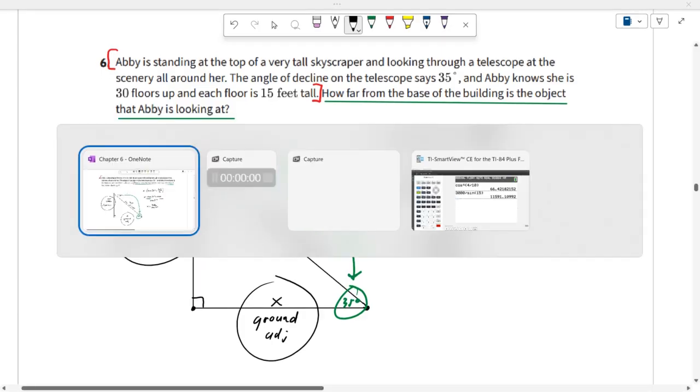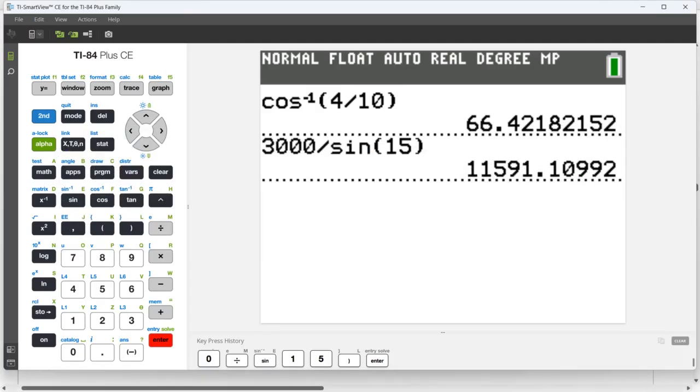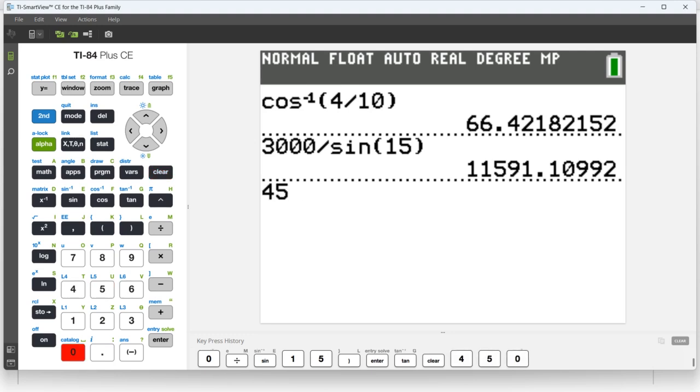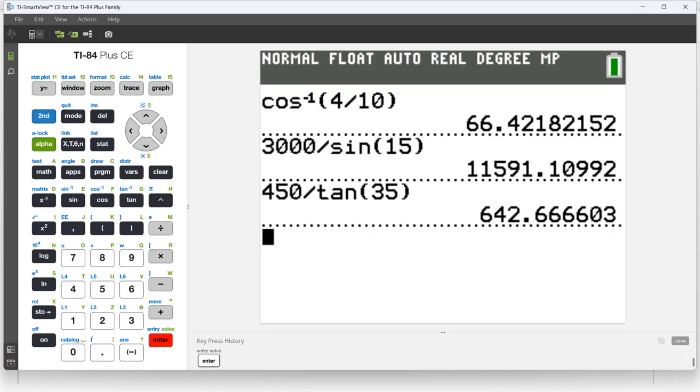So we'll go ahead and type that in. We want 450 divided by the tangent of 35 degrees. And again, our convention here is just we're rounding to the nearest tenth. So this is 642.7. This is not 0.6 repeating, right? It's 0.6666, but then the 0.3 means it's just a random number, right?